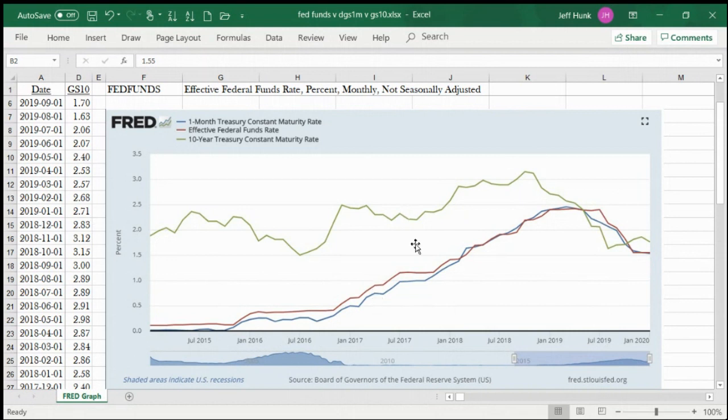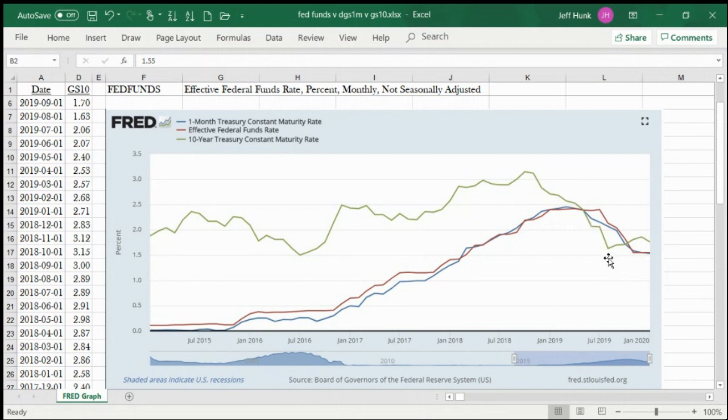Long-term yields were all higher than short-term yields until like July of 2019, and then they made a cross. The intersection happened, right?